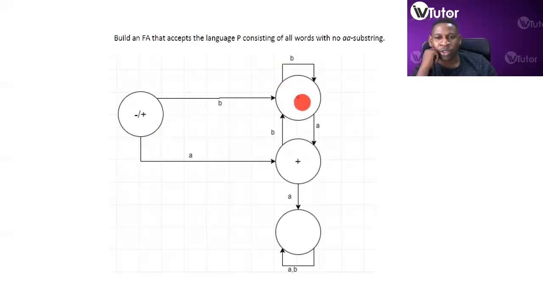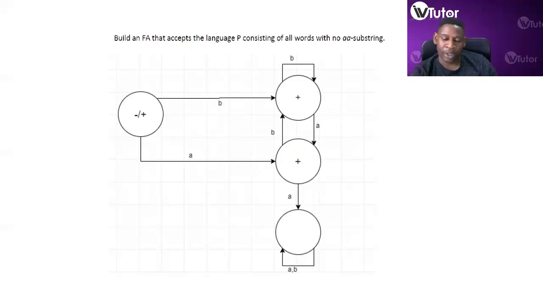Once you have an A, you can go to a final state. But the moment you have a double A, you go to a non-final state. Since it does not contain an AA, the moment you register an AA, you go to a looping state. If you have an A and you have a B, go to a final state. So this becomes the finite automata for the suggested language.